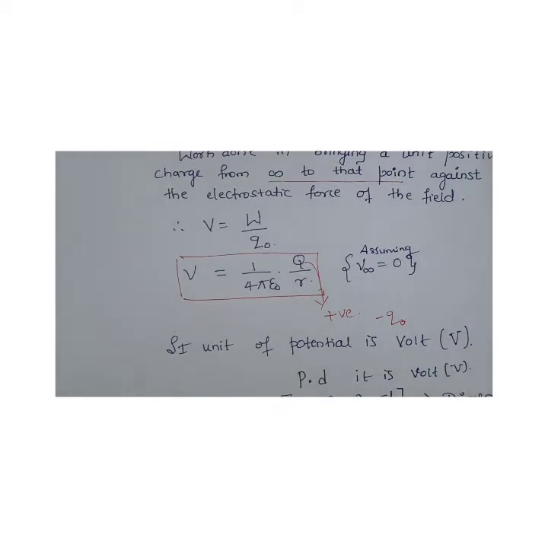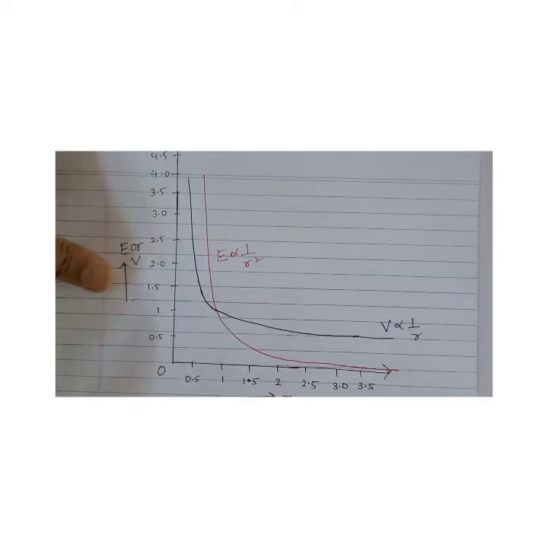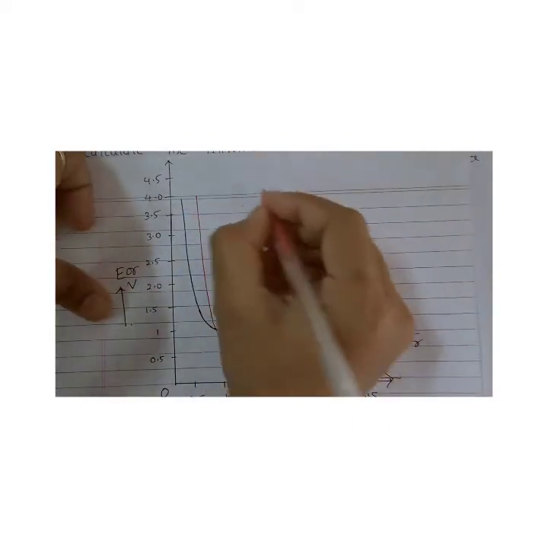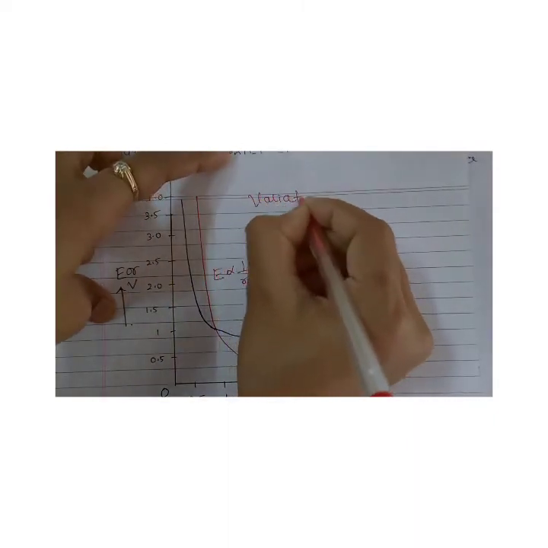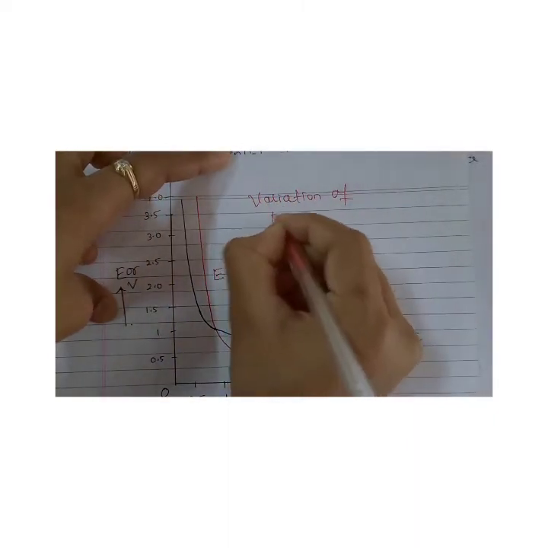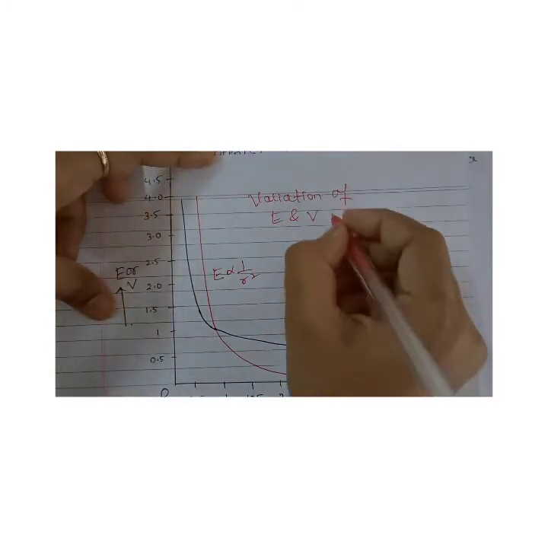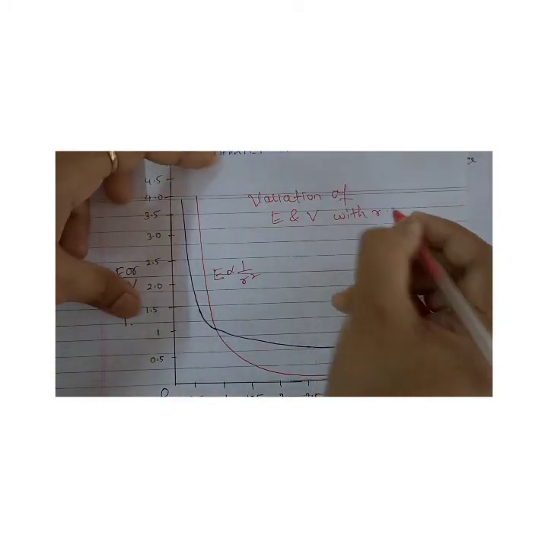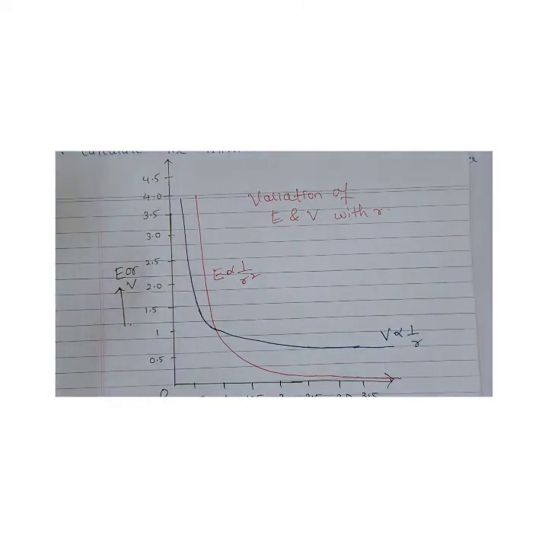Next we'll see how electric field and potential both vary. The variation of electric field and potential is represented graphically, so we'll see the graph. Here is the graph which shows the variation of electric field and potential at a point with R. Means E and V we are varying with R, and we are going to see how they are related.